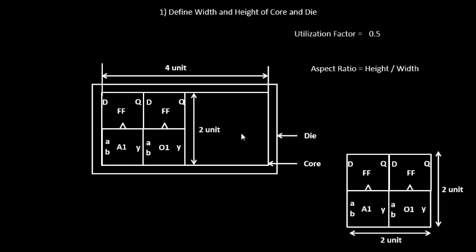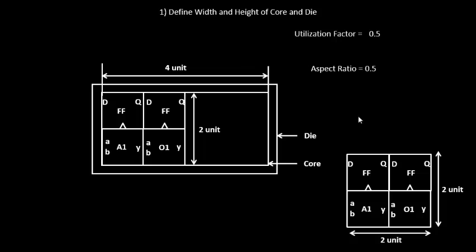Similarly, if we calculate the aspect ratio for this particular dimension, it will be 2 divided by 4, which is again 0.5. You must have heard these terms, aspect ratio and utilization factor, while building a chip or while doing floor planning. So this is what they actually mean, and this is where they come from.